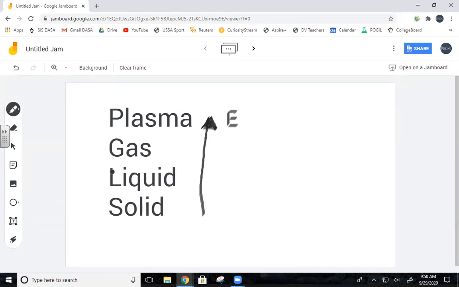Okay, but we don't think too much about gases, even though we are constantly breathing gases in and out. Plasma is something that I have never interacted with on a personal level, and I'm not talking about the plasma in your blood. Okay, plasma in your blood is a different thing. Plasma in your blood is essentially just water with some protein in it.